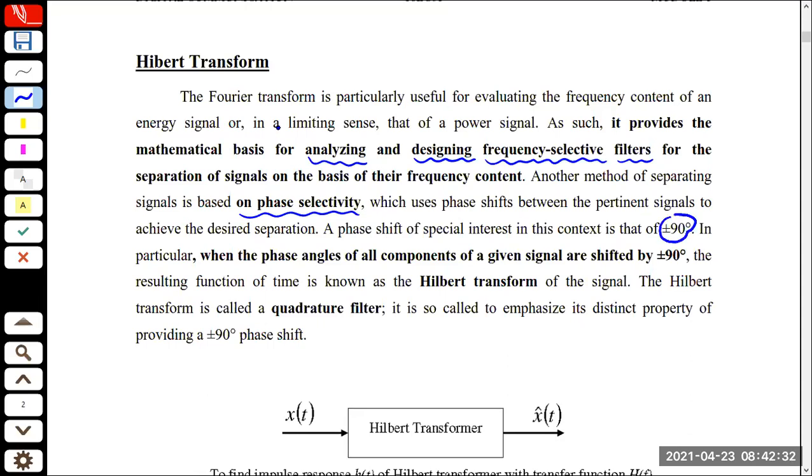And we have seen that this Hilbert transform won't change the domain.